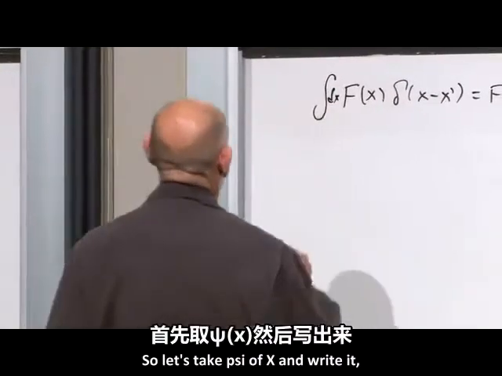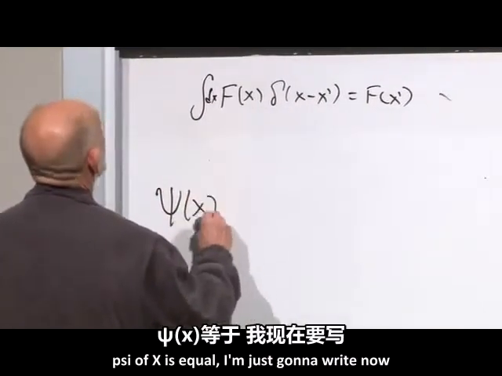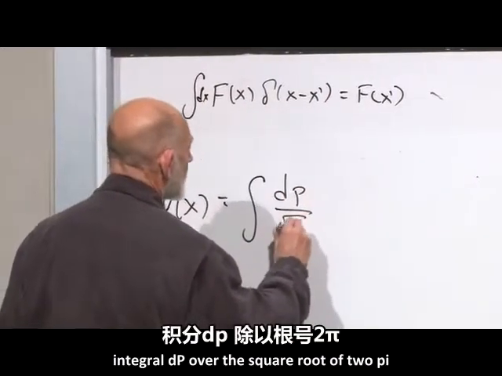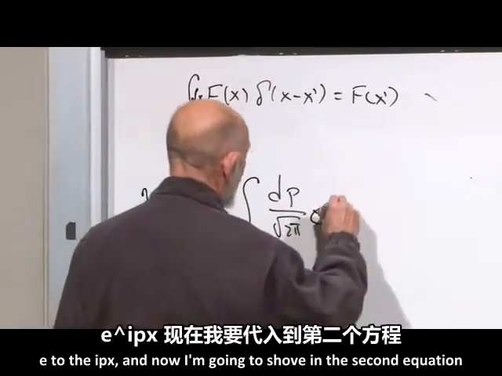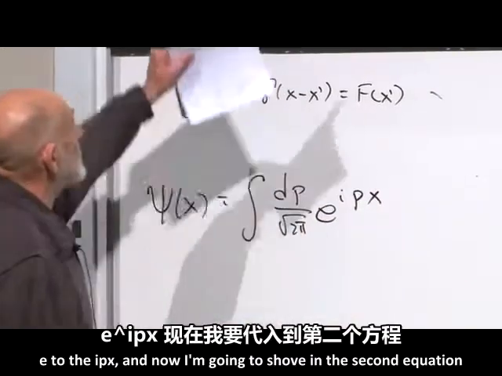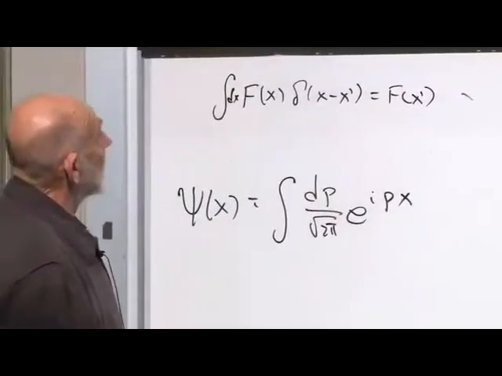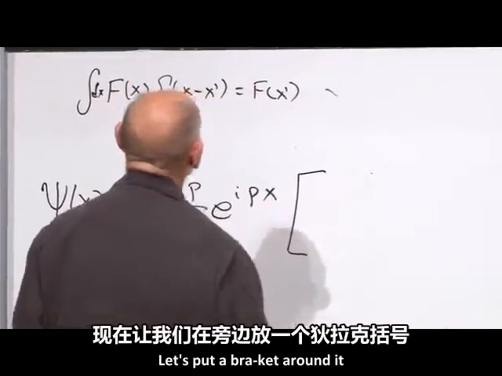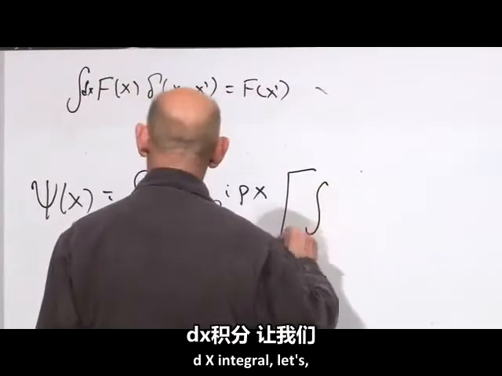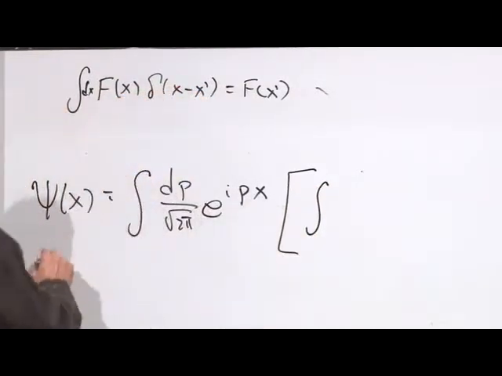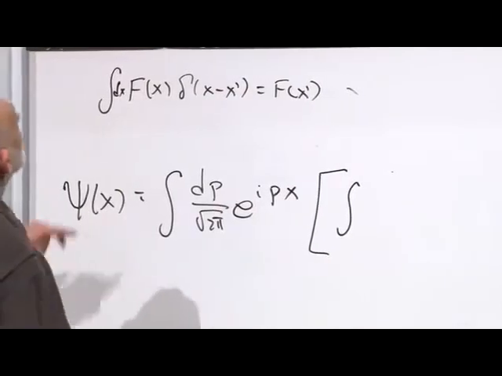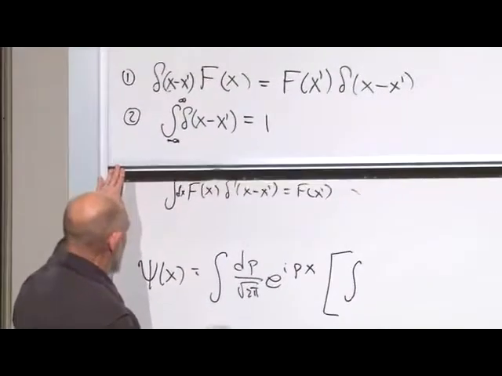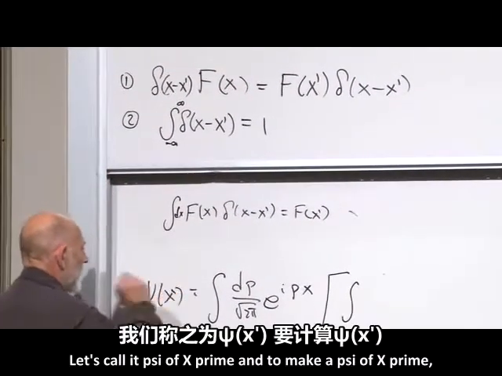So let's take psi of x and write it. Psi of x is equal to the integral dp over square root of 2 pi, e to the ipx, and now I'm going to shove in the second equation for psi twiddle of p, with a bracket around it. Let's call the function psi of x prime.